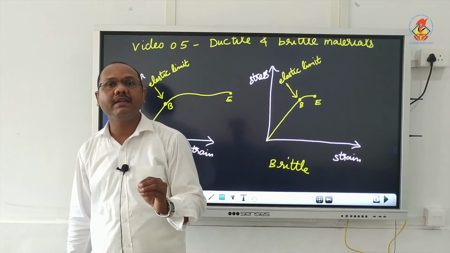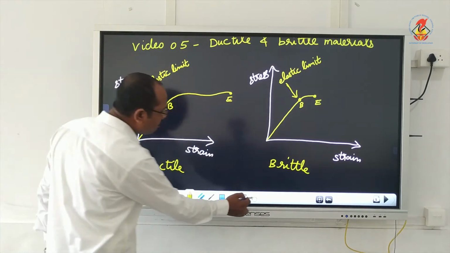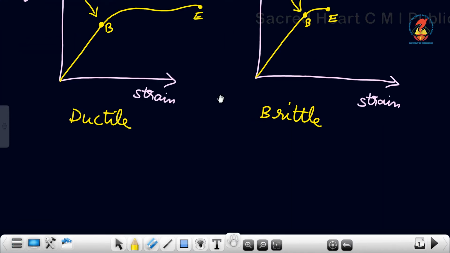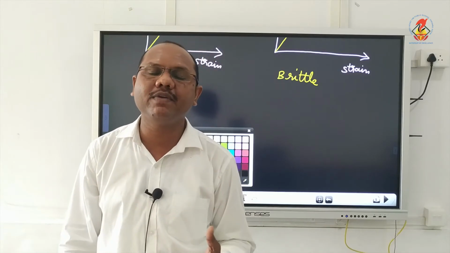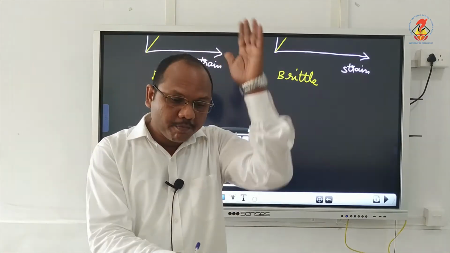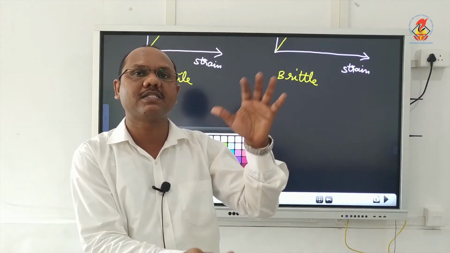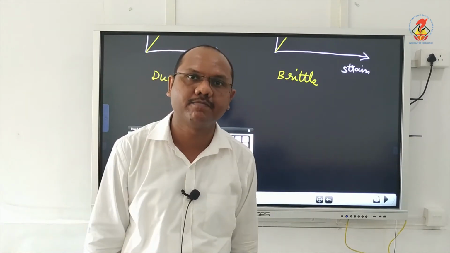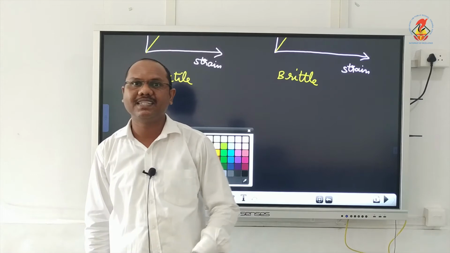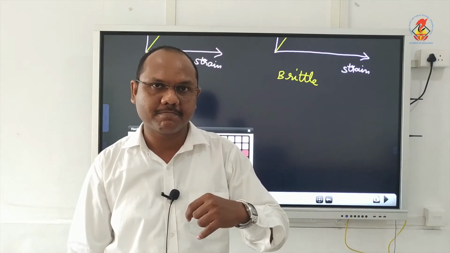Now what is meant by malleability? Malleability means the material can be drawn into thin sheets. A material is malleable if it can be beaten into thin sheets. That means we have to compress it into big sheets. So it is not tensile stress we are giving, it is compressive stress.